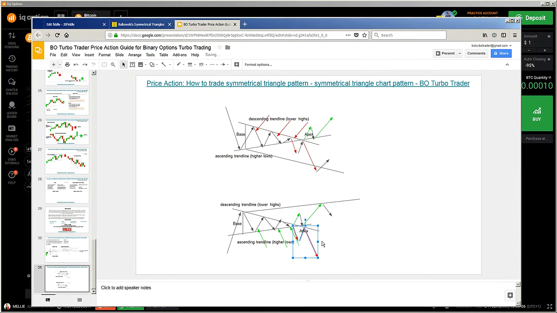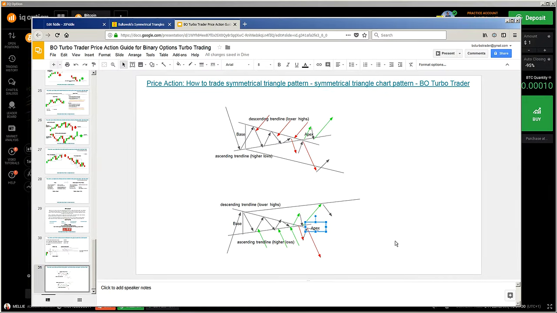This is the symmetrical triangle. Obviously there are also other ones, which I have shown you in another video, the descending or the ascending triangle. The ascending triangle and the descending triangle are much more definite, they tell you much more easily where it goes after this, so you can trade them.